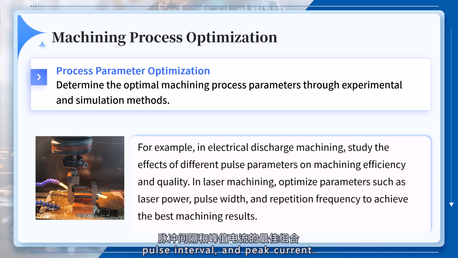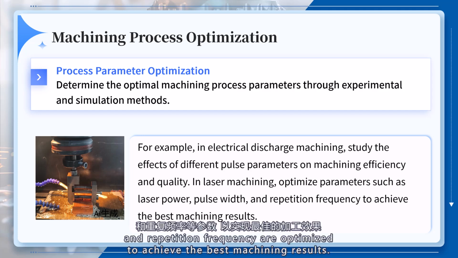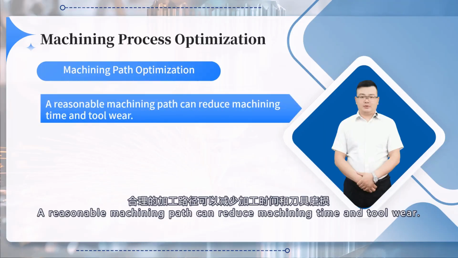In laser machining, parameters such as laser power, pulse width, and repetition frequency are optimized to achieve the best machining results. A reasonable machining path can reduce machining time and tool wear.